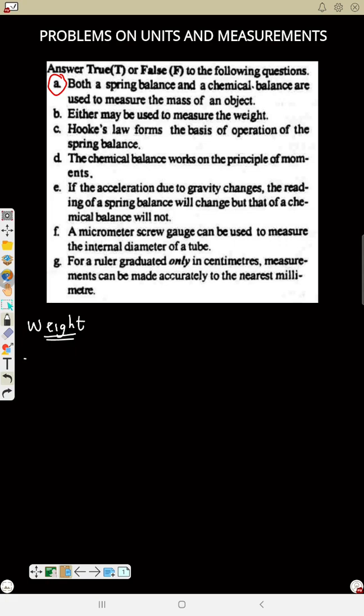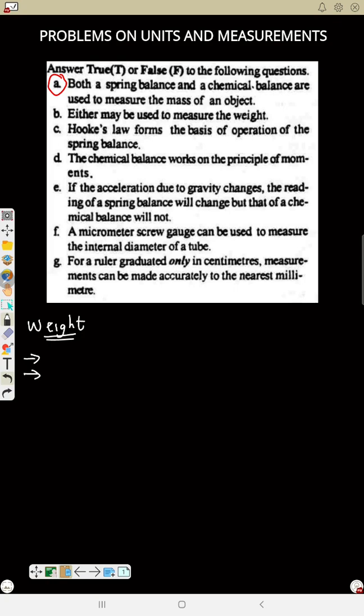Note points under weight too so that you can jot them down. It varies from place to place on or around the earth's surface. That means weight varies, it is not constant like mass. So take notes, it changes from place to place.